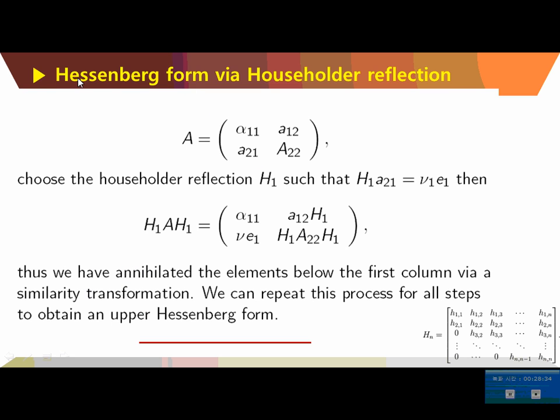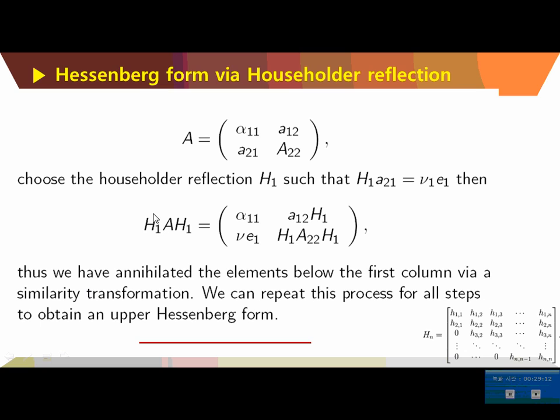And also, how to get the Hessenberg form via a Householder reflection. When the matrix A is given like this, as a block matrix like this, then choose the Householder reflection H1 such that H1 A21 is equal to V1 E1. Then H1 A H1 can be written in this way. H1 is a Householder transformation, so this is a real orthogonal, actually a unitary matrix. So H transpose is H inverse, and H transpose is H itself, since it's Hermitian.